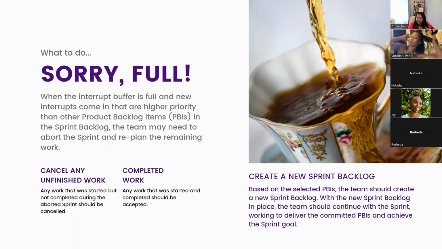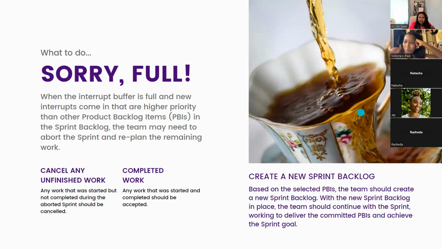So if it's full, we're going to look at adjusting our plan to either move work that is in the current sprint backlog out to the backlog. If it's that high priority, we either need to negotiate and move something in. Remember, something high priority comes in, something else has now been deprioritized, and we push it to the backlog.